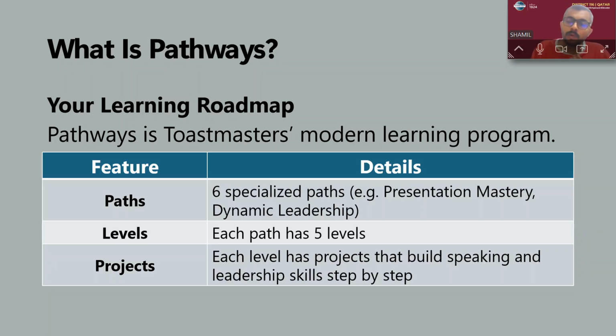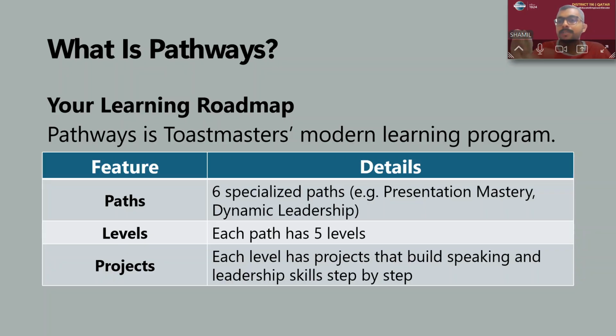Whichever path you choose, each path has 5 levels, and these levels increase in complexity. It starts with the beginner level, where they will give assignments related to the basics of speech structure, public speaking, leadership skills, and so on.